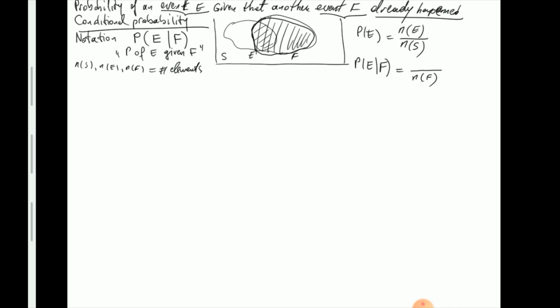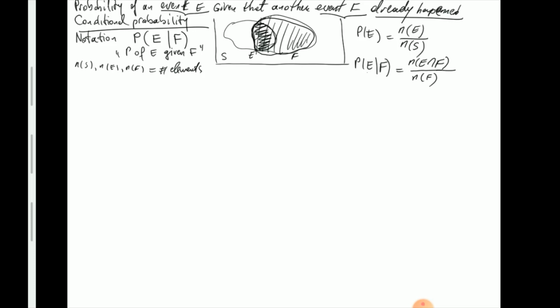Once we know that the event F happened, basically all the possible outcomes are those in event F. And in that condition, when you ask yourself what is the probability of E to happen if F already happened, well, you only look at the portion of E which happens to be included in the event F. So on the top, you no longer have the number of elements in E, but just the number of elements in E intersected with F, just the common part between E and F. You reduced to the universe of outcomes in F, once again, because we know that event F happened.